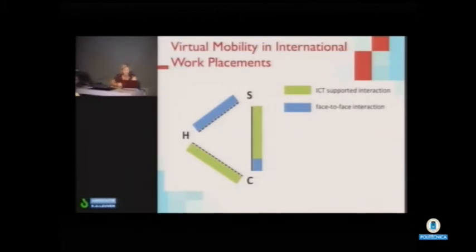Face-to-face interaction is always advisable, even if it's very limited, and if you want the three stakeholders to interact, there is always some ICT interaction going on too. But that is in big lines the context of our project and the definitions that we have used to work with it.